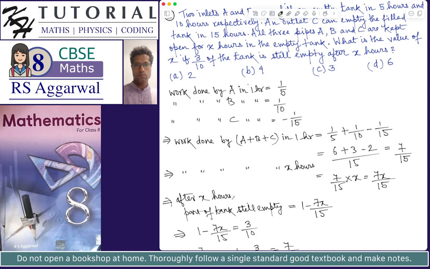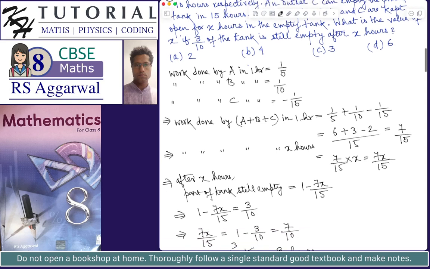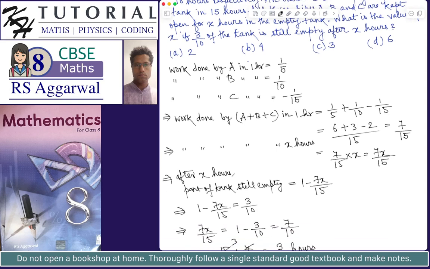So we have 6 plus 3 minus 2, 9 minus 2, 7 by 15. So work done by A plus B plus C in x hours will be 7x by 15, which is the part of the tank filled in x hours by all three pipes.